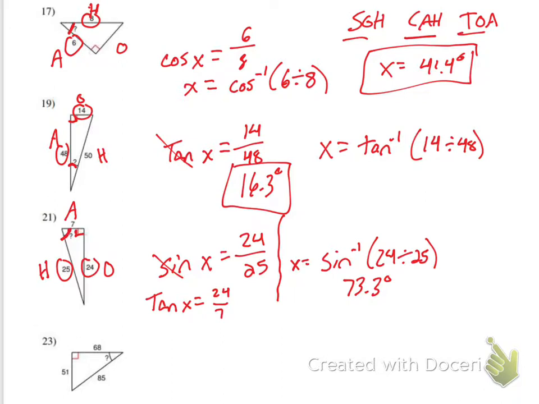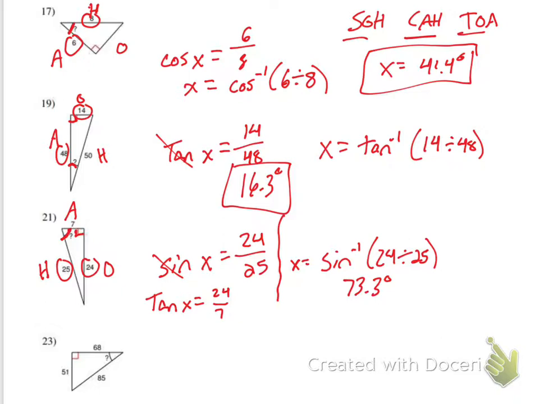I want to get x alone, so I'm going to do the inverse of tangent, so tangent -1, 24 divided by 7, equals 73. We get the same thing. That's 73.73, but regardless, it's the same thing.